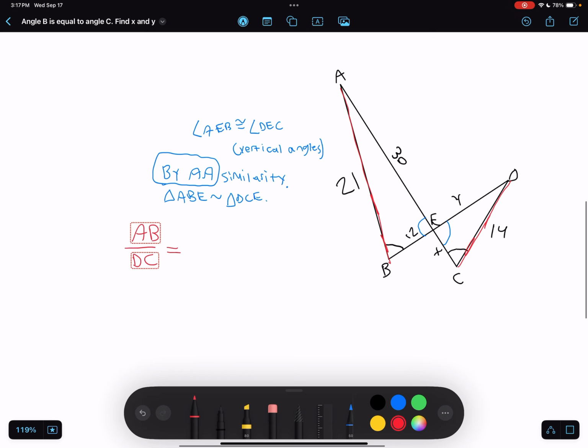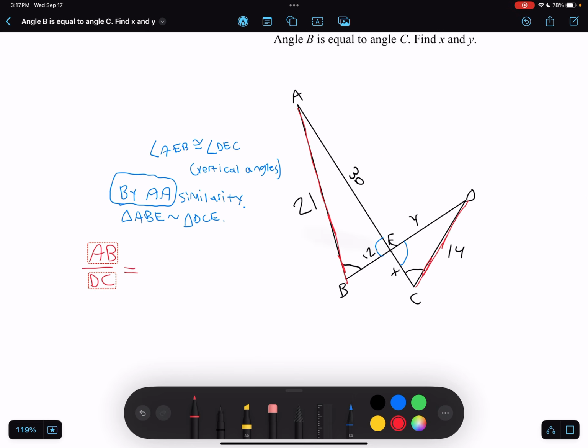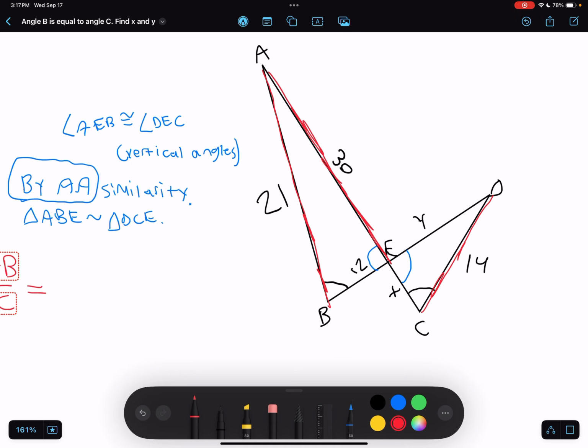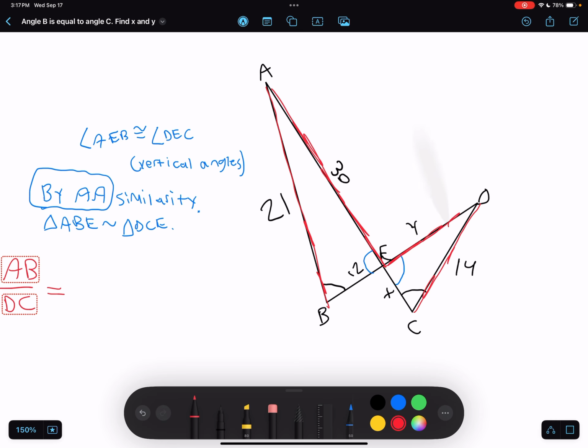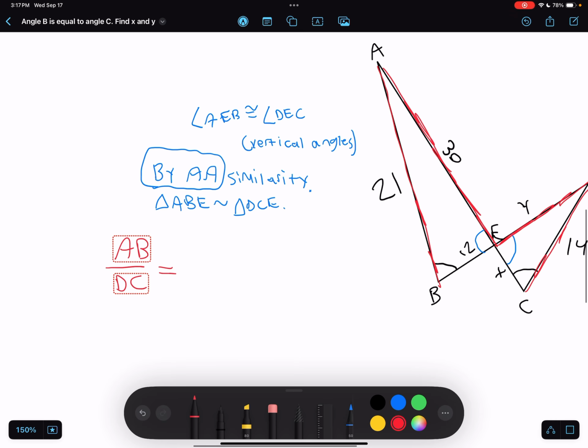Then we continue. We see AE over here. It's the length, the 30 side. It's the side that has the first opposite angle on it. It corresponds to, you can see pretty easily here, side DE, which happens to be one of the things we're looking for, the length y.